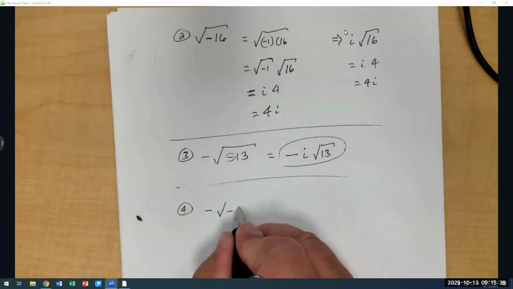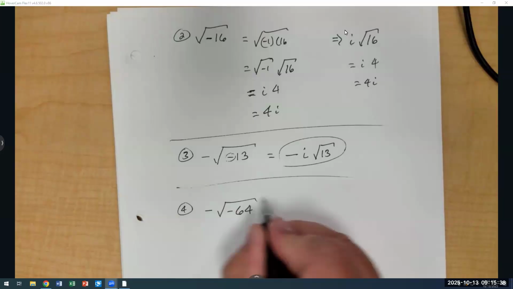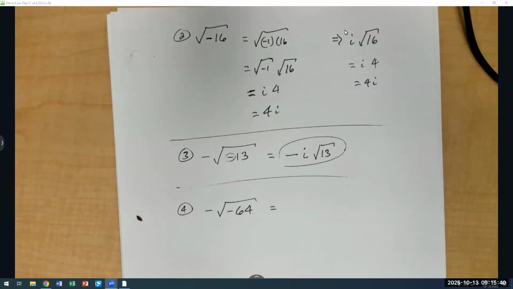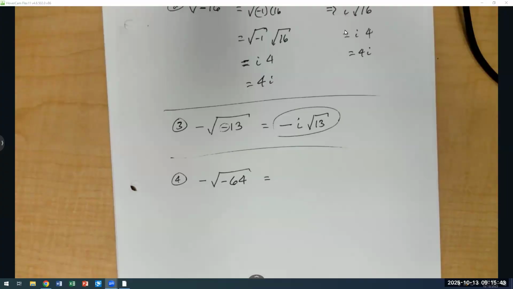Negative radical negative 64. Very good. Some of y'all get much faster. Some of y'all take forever writing it down.